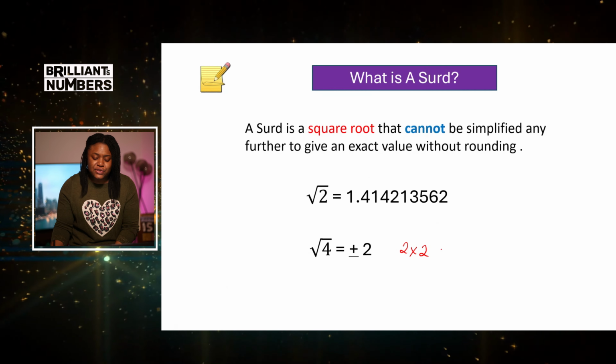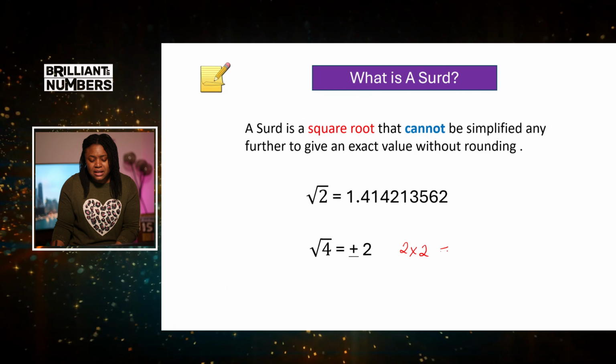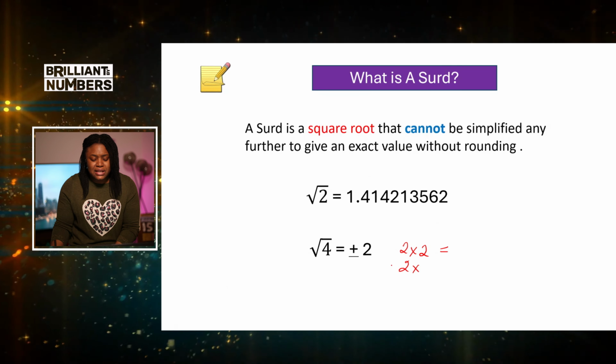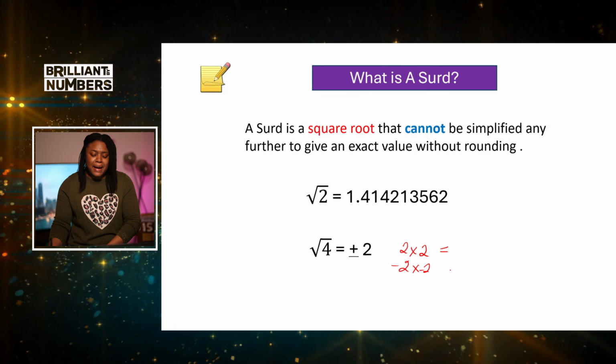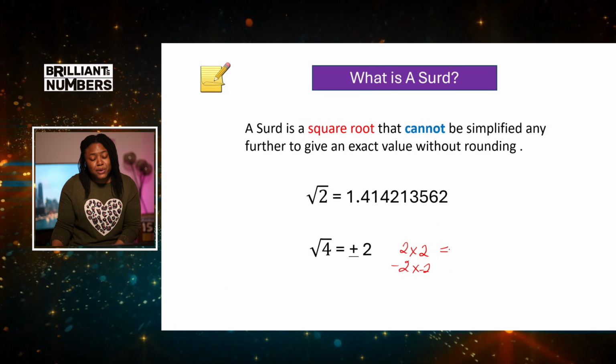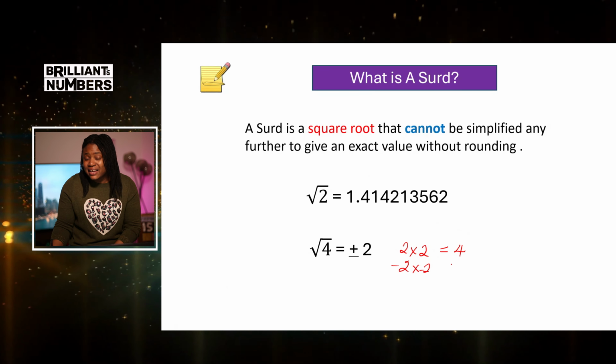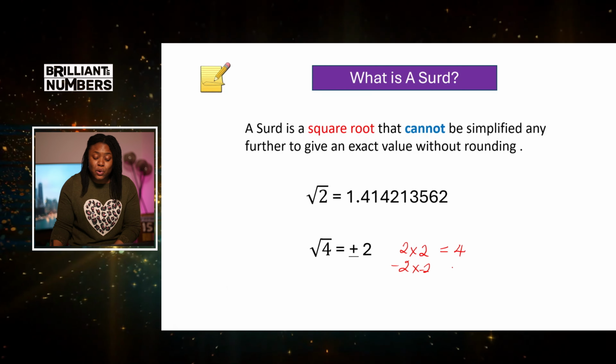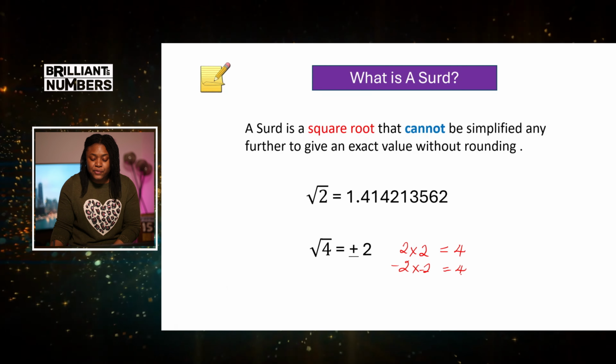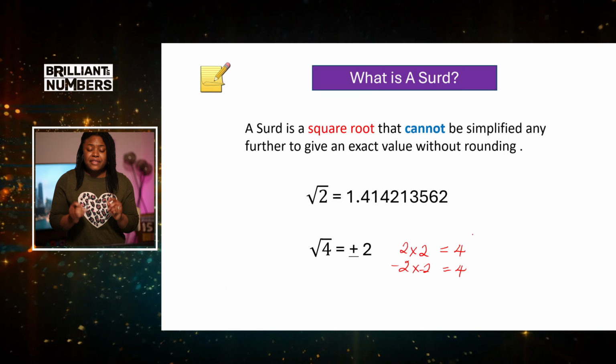So if I multiply positive 2 and positive 2, the answer is 4. And also negative 2 times negative 2 also gives positive 4. So we can see here the square root of 4 is either positive 2 or negative 2. Now this is an exact value.